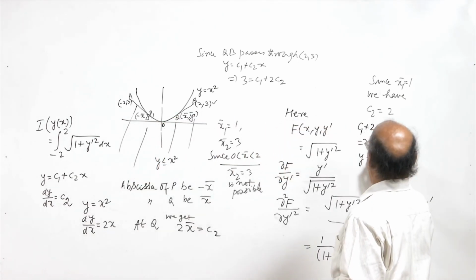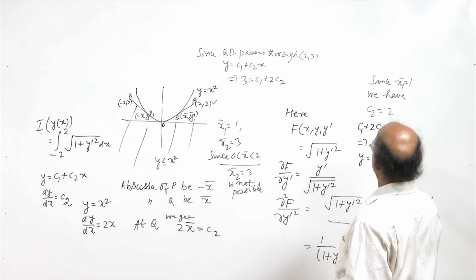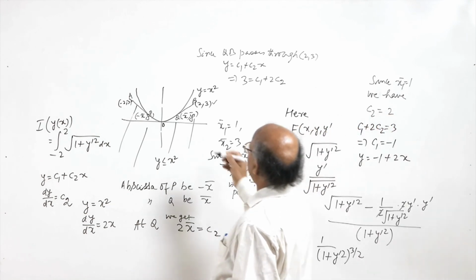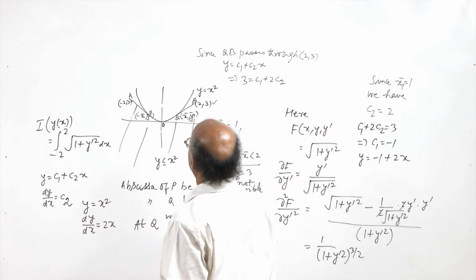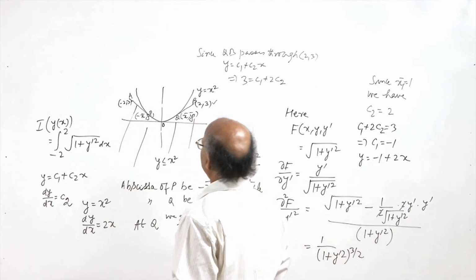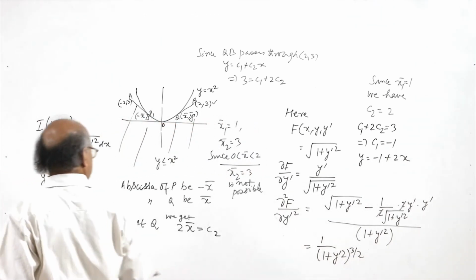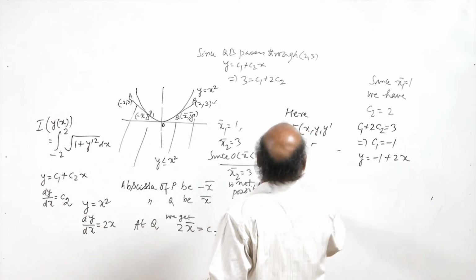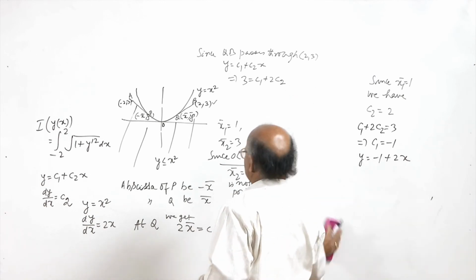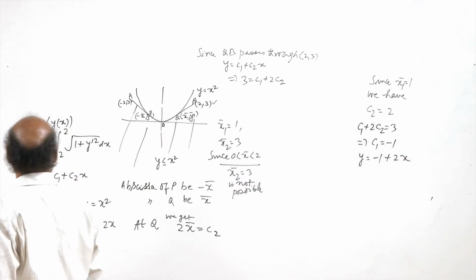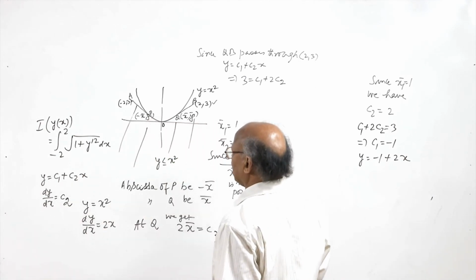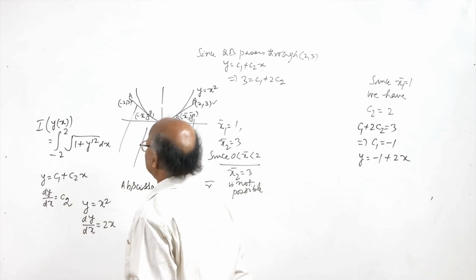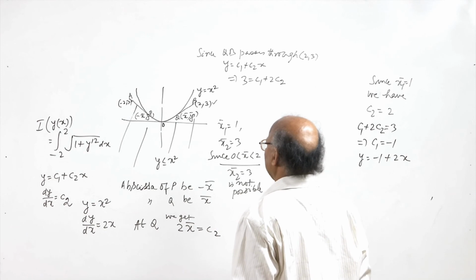So, y is equal to minus 1 plus 2x. Okay, so y equal to 2x minus 1 is the equation of the line QB, and for the line AP we shall have y equal to c1x plus c2.